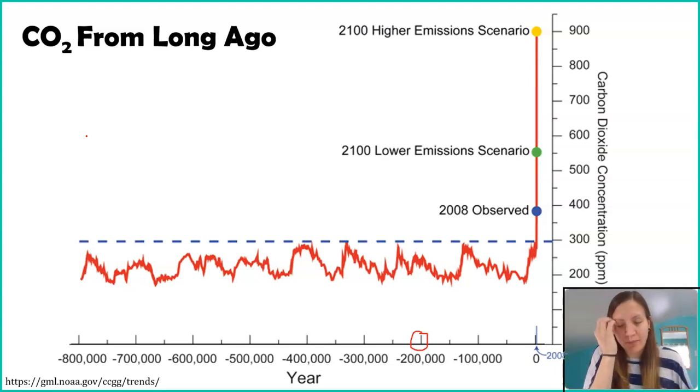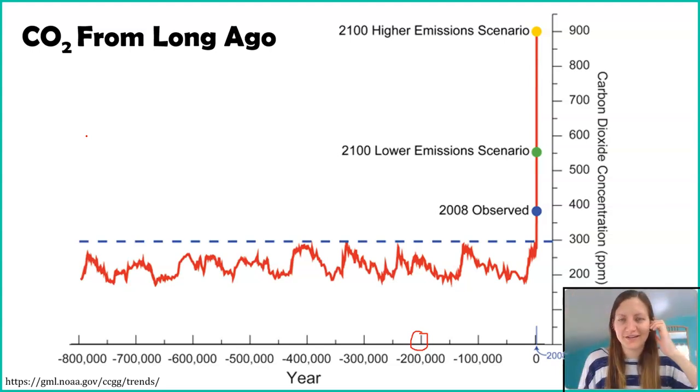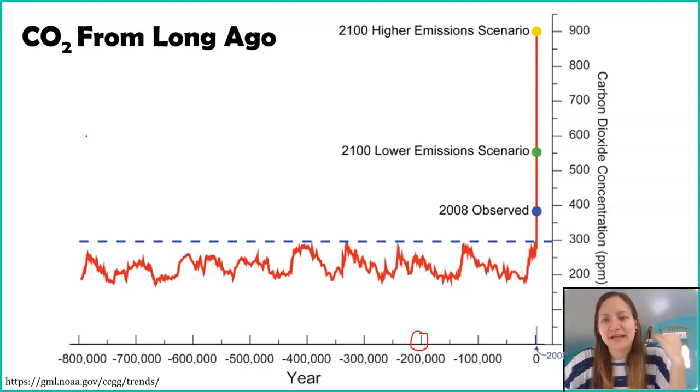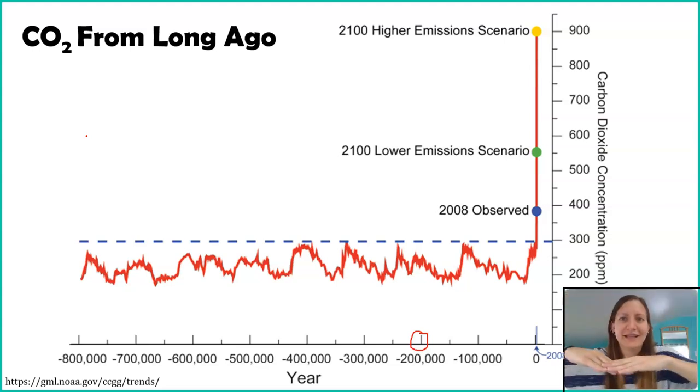Not that that really matters, but ice cores work kind of like soil. Growing up, you probably learned about dinosaurs and how dinosaurs found in lower layers of rock were older than higher layers because of compaction and stuff like that. Ice is the same exact way, right? It snows, and if it never melts, it just snows on top of that snow and snows on top of that snow, and it compresses, which turns it into ice.